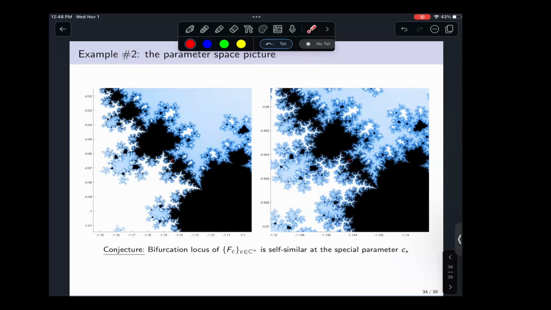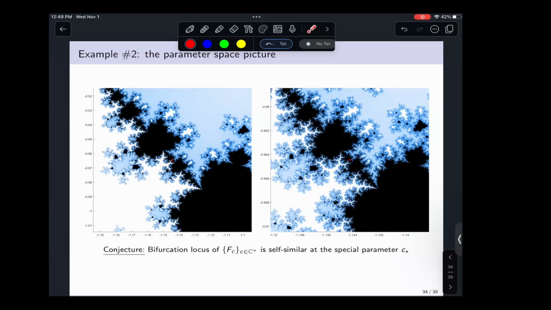There's a conjecture that states that the bifurcation locus is self-similar at this special parameter, this unique parameter contained in the Herman curve of golden mean rotation number. To answer this conjecture, there's still some work in progress, and this work goes along the lines of proving hyperbolicity of renormalization of a certain renormalization operator. There's still more work that needs to be done as well.